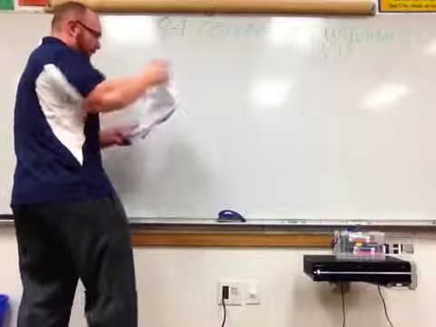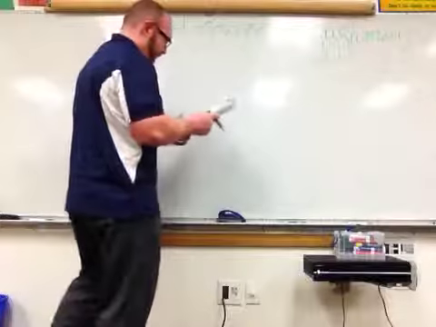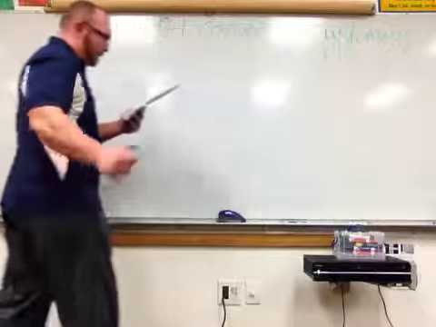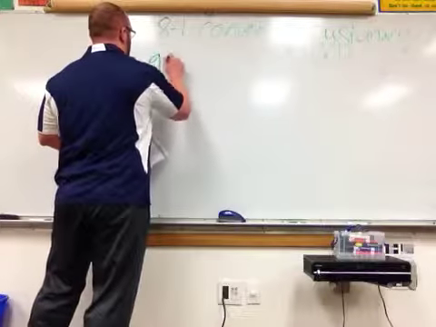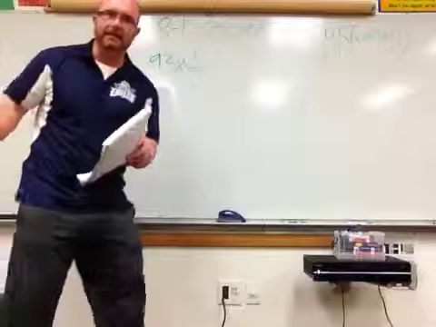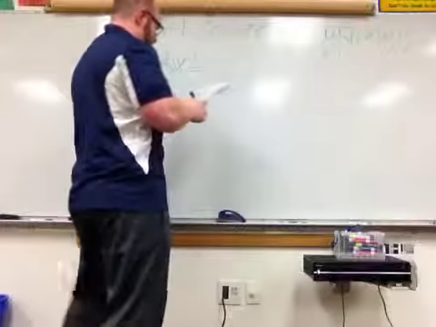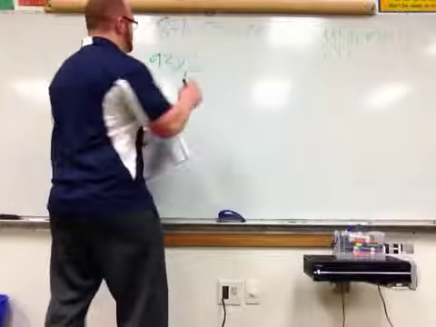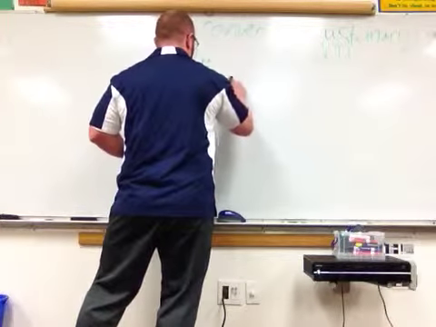They want you to set it up like this. 93 times 1 over 12. Now, why would you set it up 93, 1 over 12? Because your conversion rate is 1 foot to 12 inches.